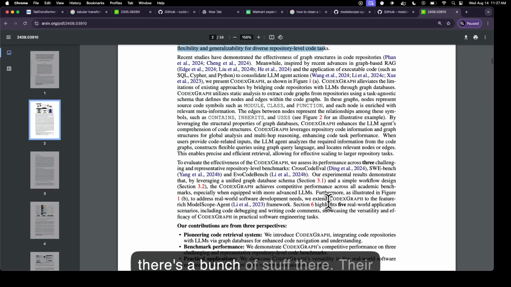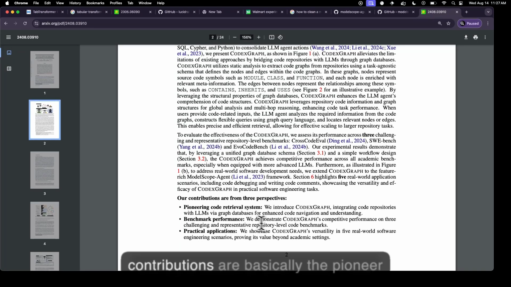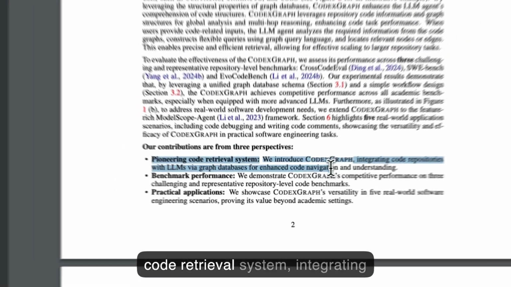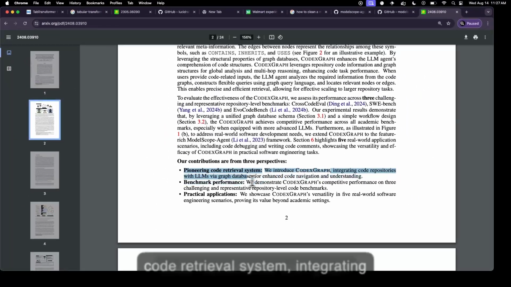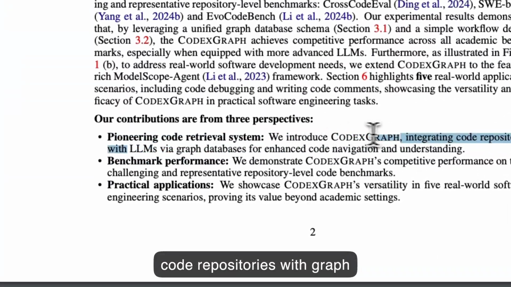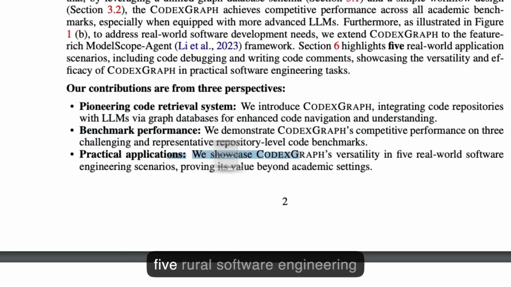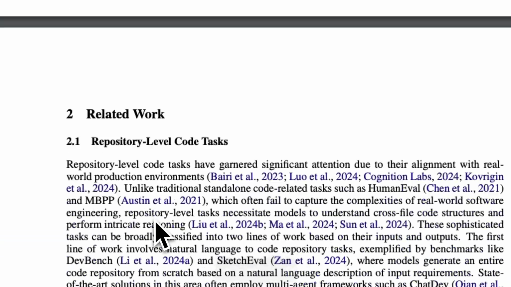Their contributions are basically that they pioneer a code retrieval system integrating code repositories with graph databases. It's competitive and it has 5 real-world software engineering scenarios.